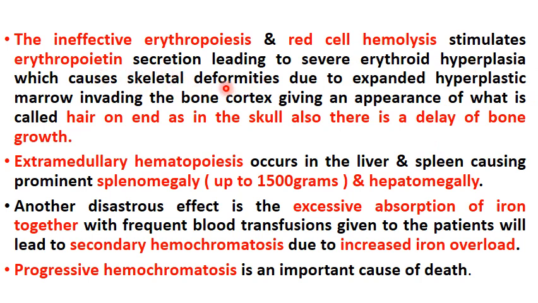Why? Because there is expanded hyperplastic marrow, which invades and resorbs the bone. This leads to bone resorption, which gives the appearance of hair on end, as in the skull. Also, there is delay of bone growth.